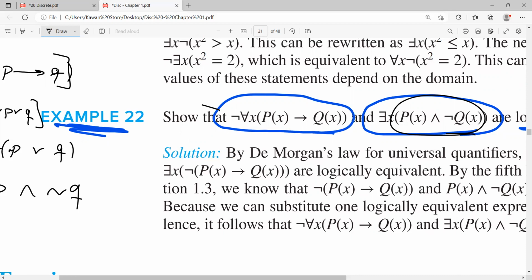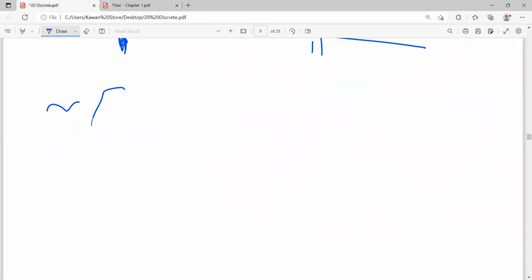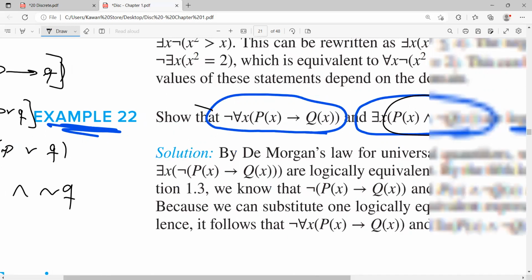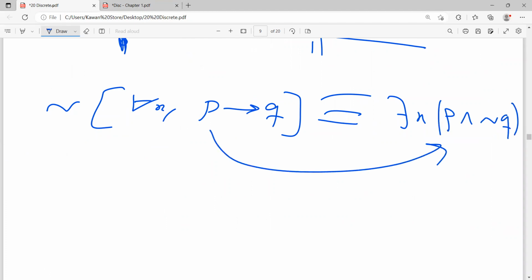Come close to me. We have what? You say find the negation of for all x, p then q. Show me that one is equivalent to there exists x, p and negation q. The question is like that. Show me without a truth table.